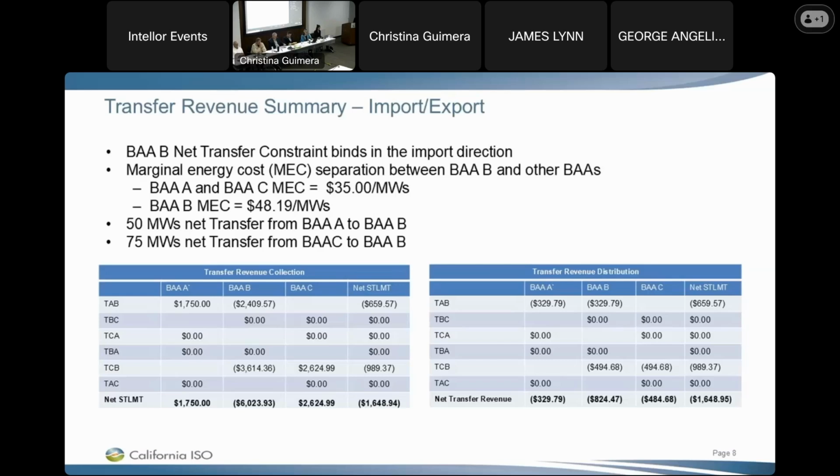But I did want to say thank you also for these transfer revenue distribution examples. Though it still remains unclear how entities that today hold a long-term firm point-to-point, or especially a network right, where the impact of those rights as being internal transmission versus being transfer transmission, sort of where one stops and the other starts.